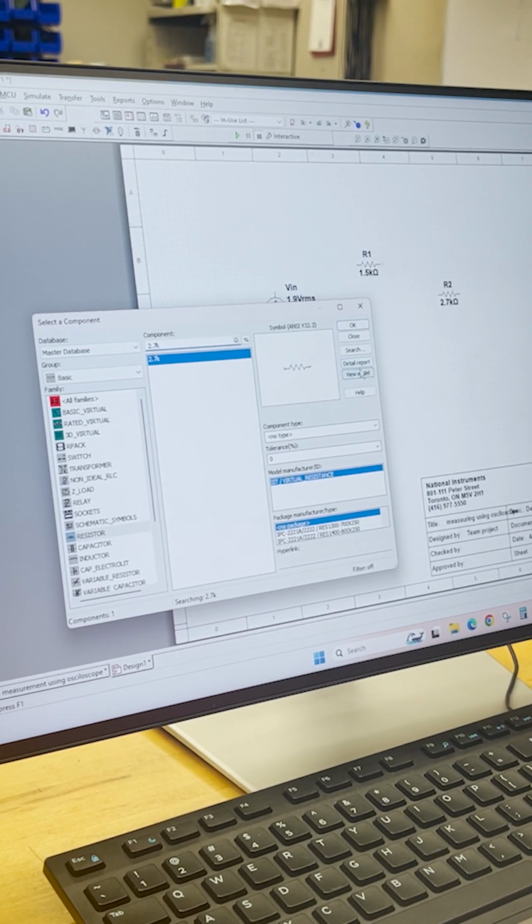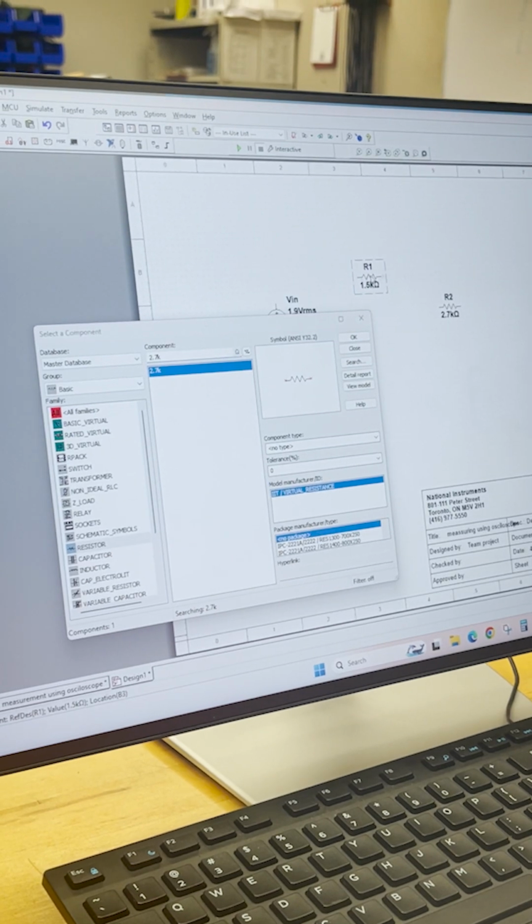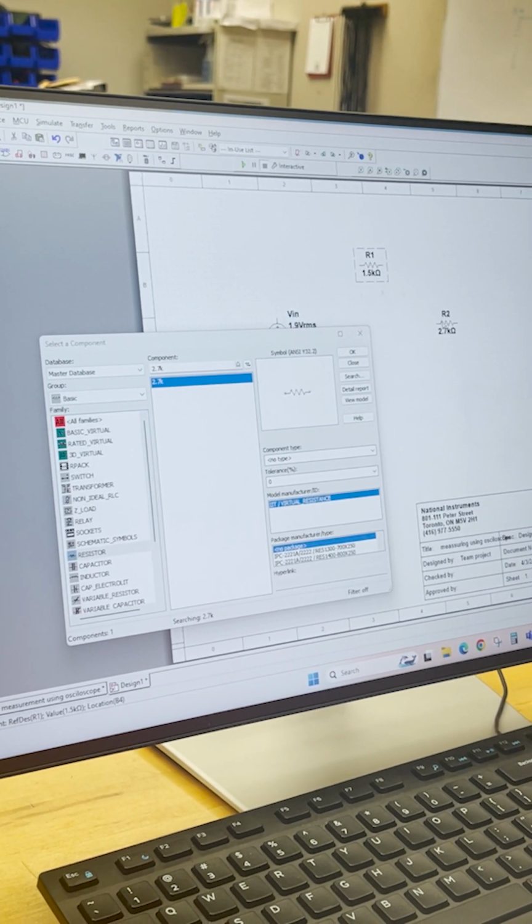I am also going to use two voltmeters, indicators.